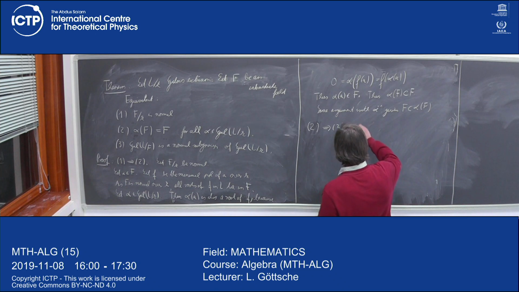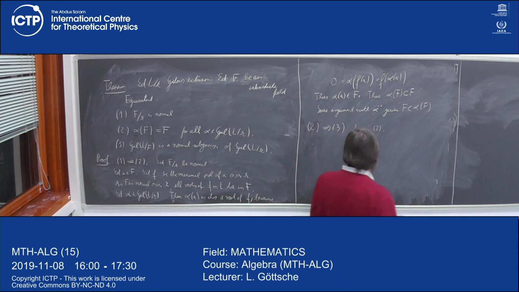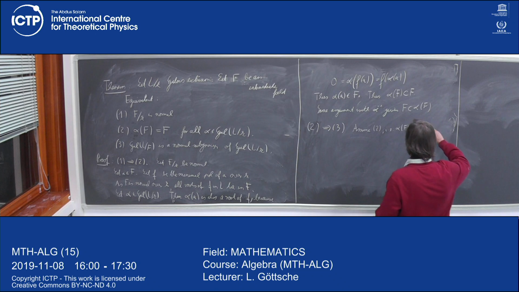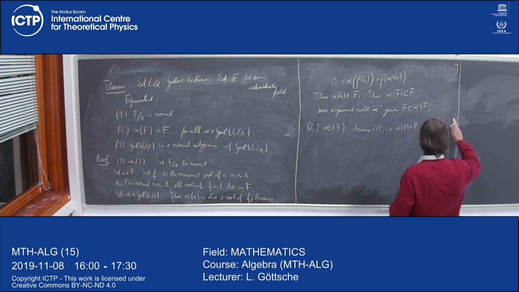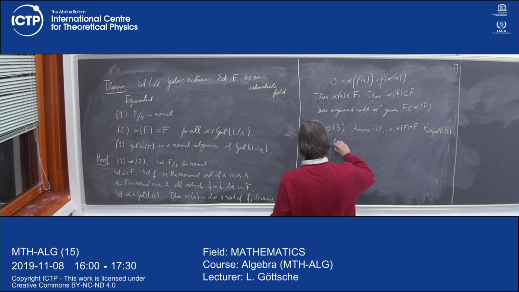So we assume 2, that is alpha of F is equal to F for all alpha in the Galois group of L over K. Let's take such an alpha.